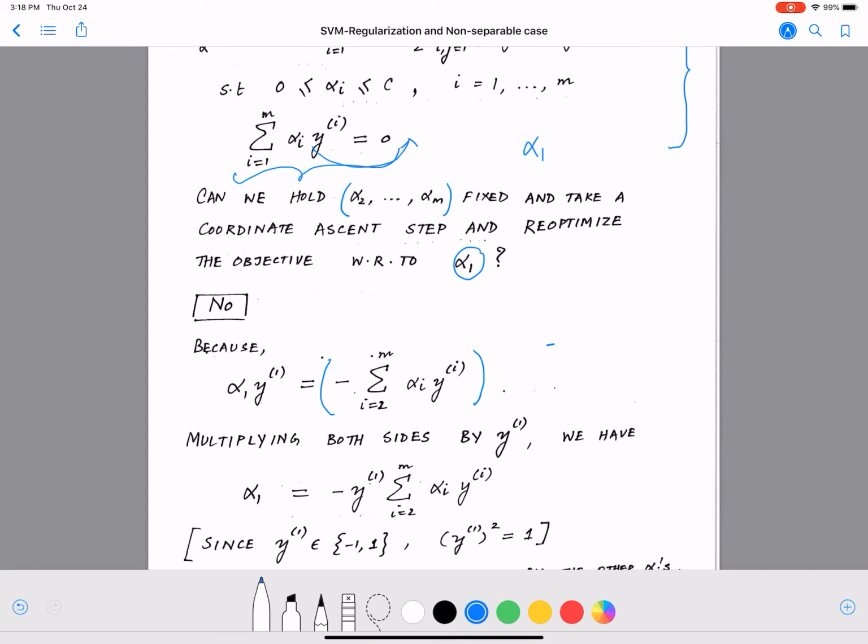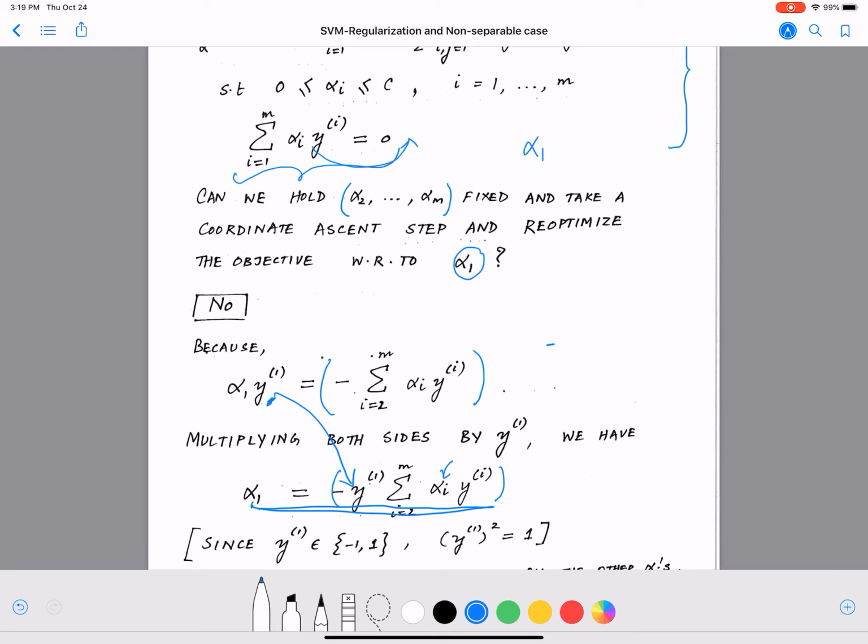Now we can multiply both sides by y1, and alpha 1 is exactly defined by this quantity. So it's not a guessing game. We know exactly alpha 1 in terms of all other alphas.